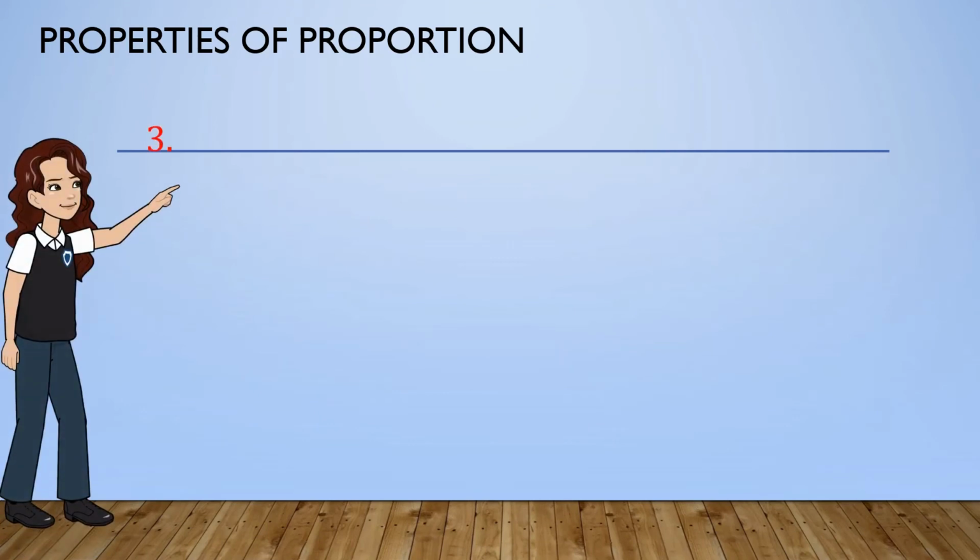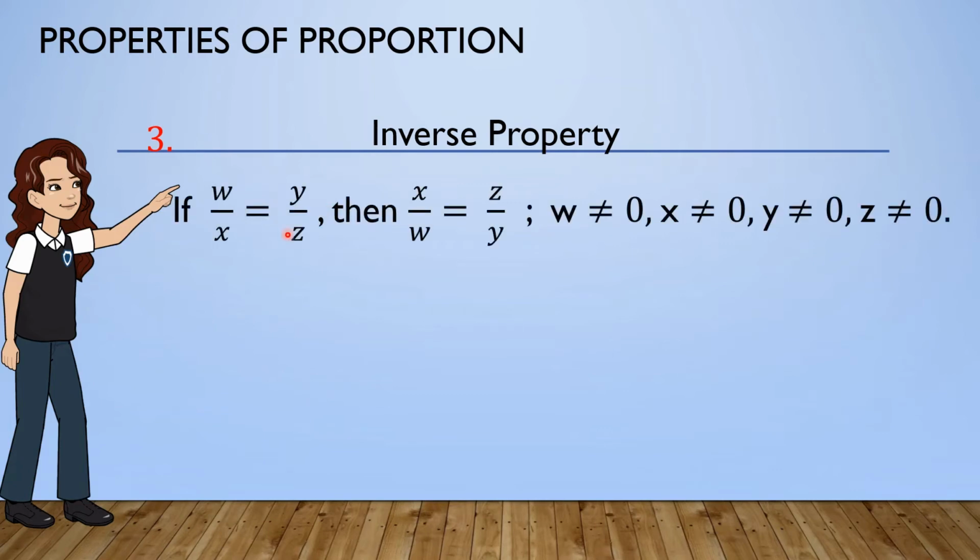The third property is inverse property. Inverse, so if W over X is equal to Y over Z, then X over W is equal to Z over Y. So what happened? So this is W and this is X. For this inverse, you need to write W become in the denominator and X in the denominator become in numerator.